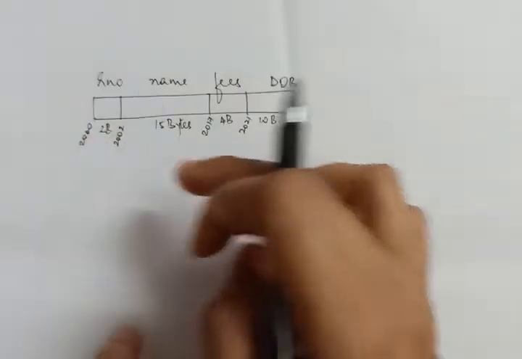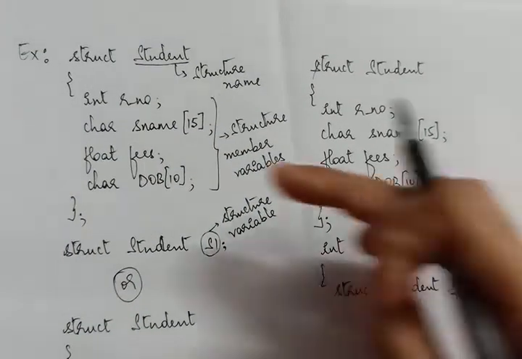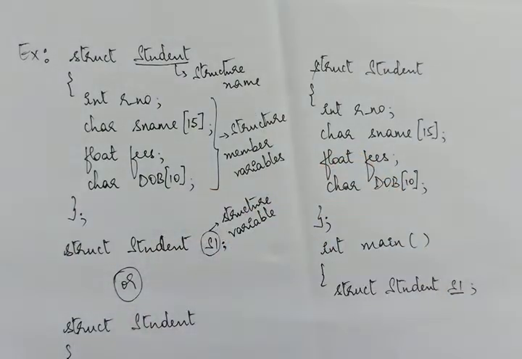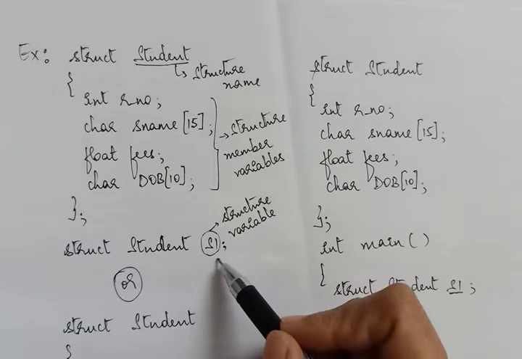But when is the memory getting allocated? Memory gets allocated to structure members only when the structure variable has been created. Just by writing or executing this statement, only the template is being created for the student type and no memory gets allocated to it. The memory gets allocated only when the structure variable is created.